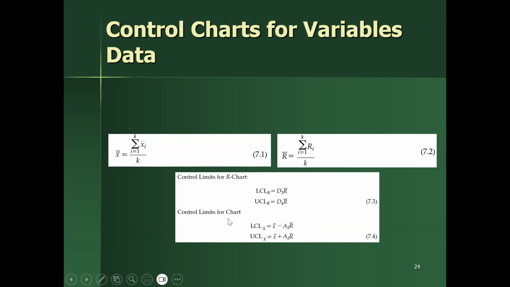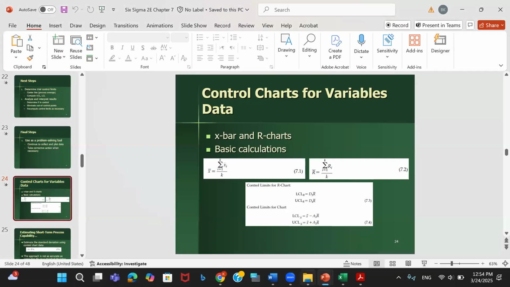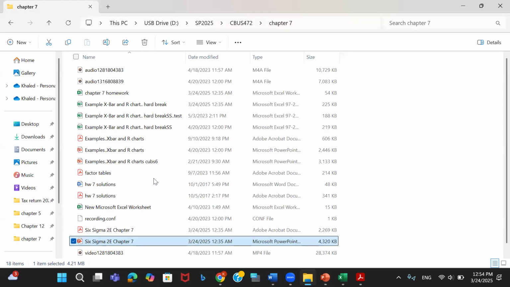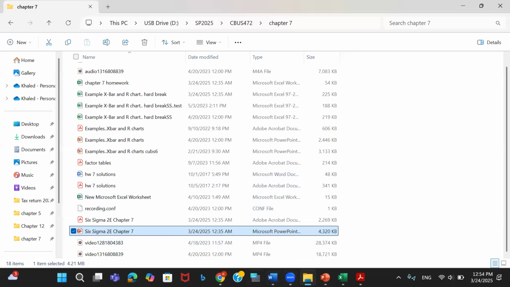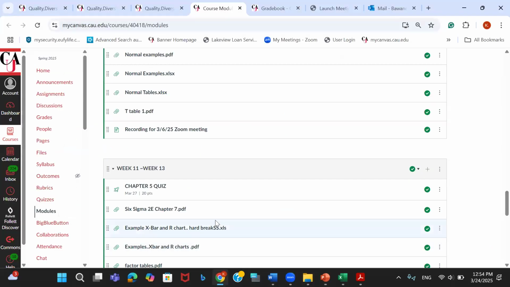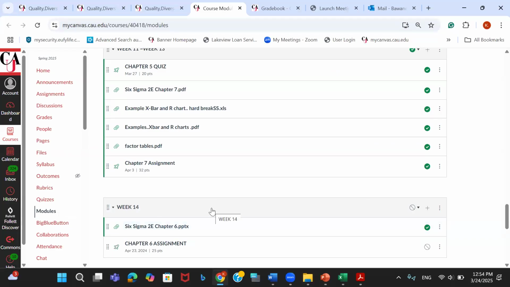Control limits for the X bar chart: X double bar, which is what I got, minus A2. A2 is a factor from the table again. I put the factor tables for you here. See, here's the factor table.